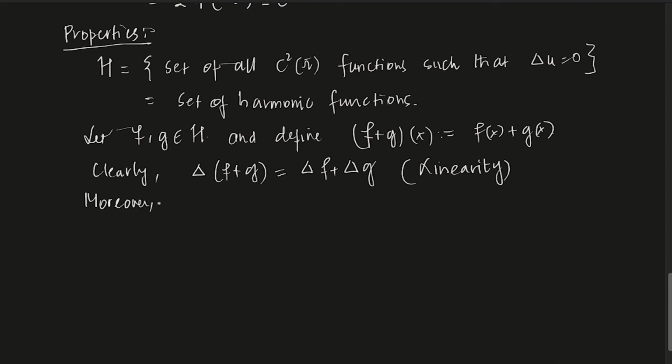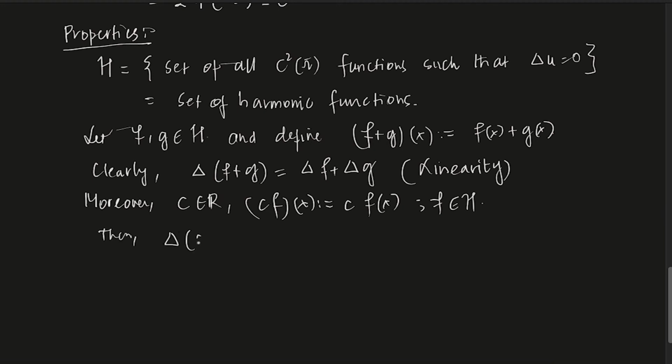Moreover, for any c in R, if you define c times f acting at x to be c times f of x, and f is in H, okay, you start with an f in H and c in R, and you define cf like this, then Laplacian of cf, let's see what happens. It is definitely c times Laplacian of f. This also you can check. Please check this part.